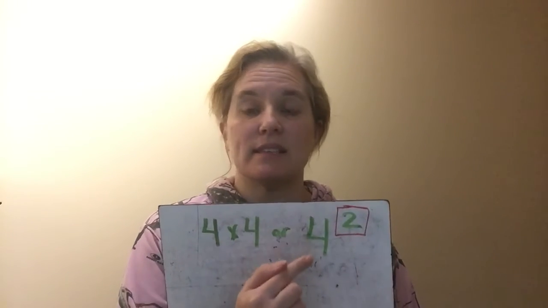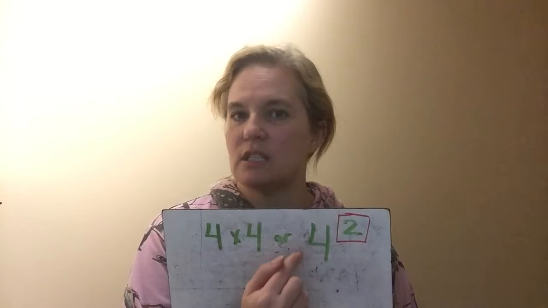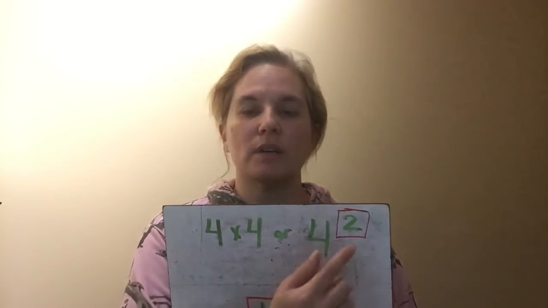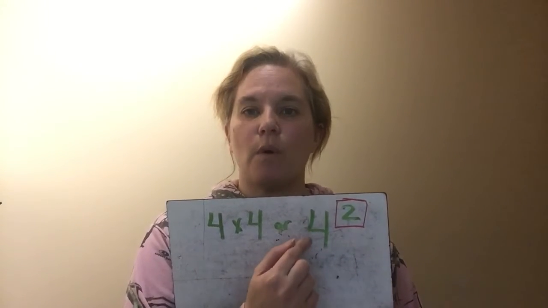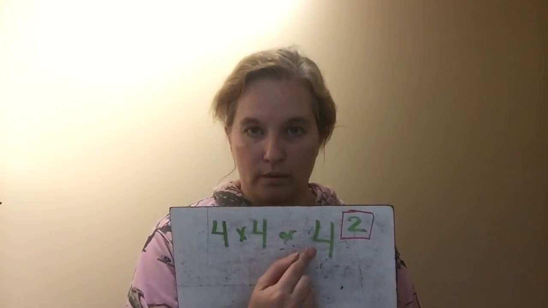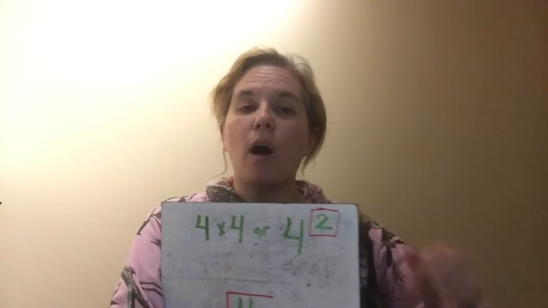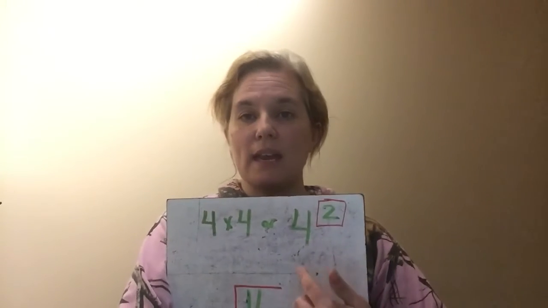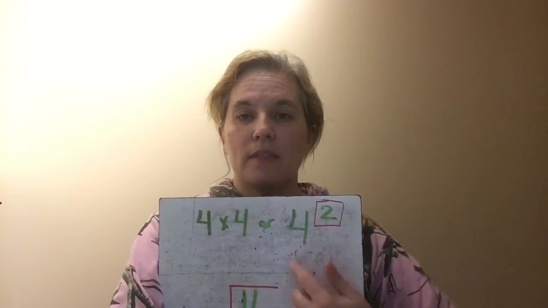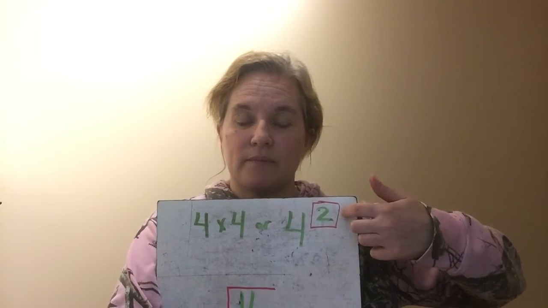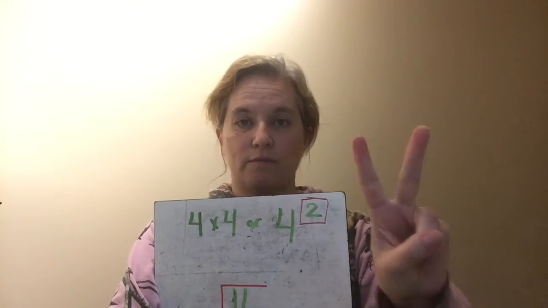Remember again, this is not addition. It's not 4 plus 4. It's not 4 times 2. It's 4 times 4. Exponents can get bigger, but it always means multiply that number the number of times of this. So 4 times 4.